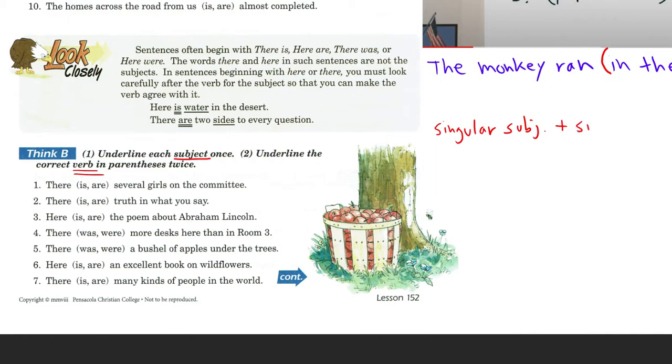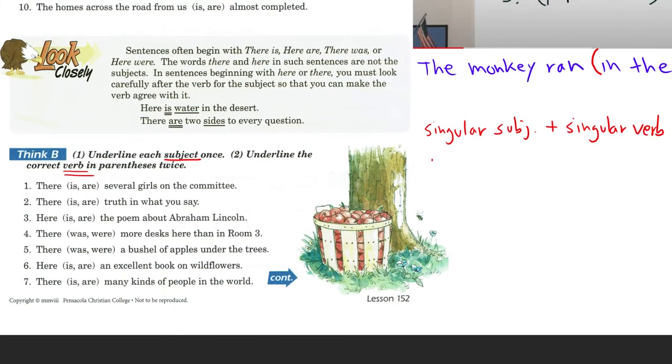A singular verb, right? And if I have a plural subject, that means I need to have what kind of verb? Yeah, a plural verb. So first look at your subjects, see if it's singular or plural, and then pair that up with the correct verb.